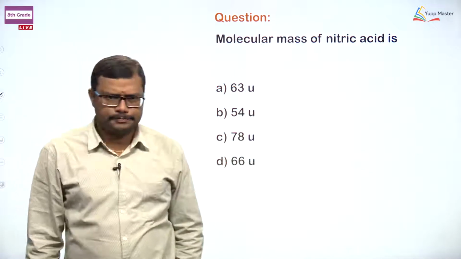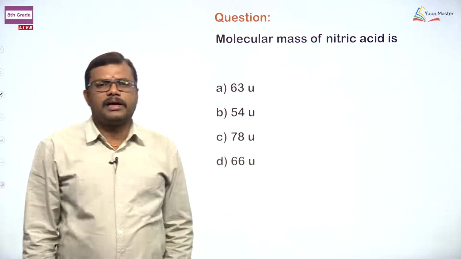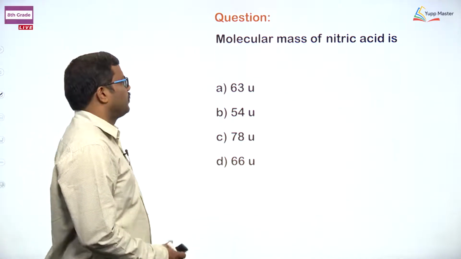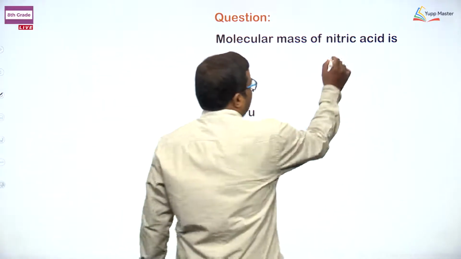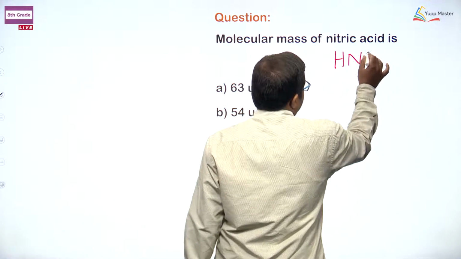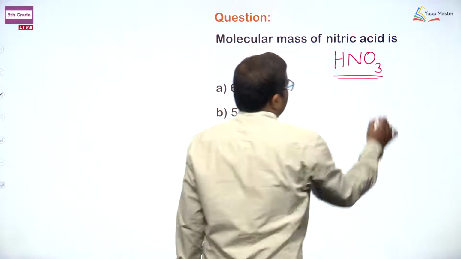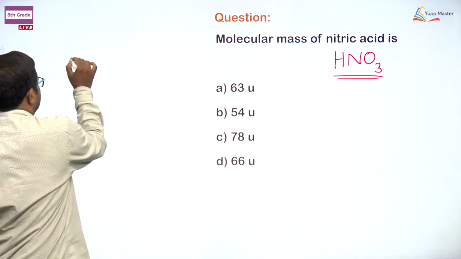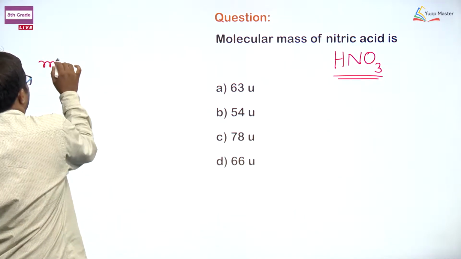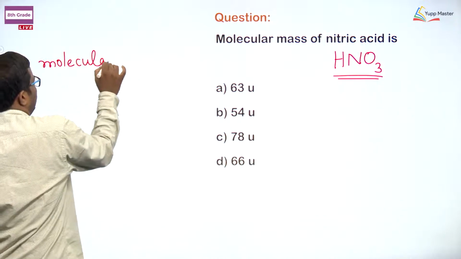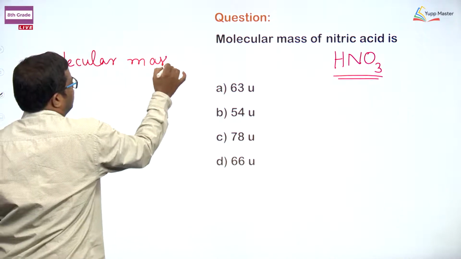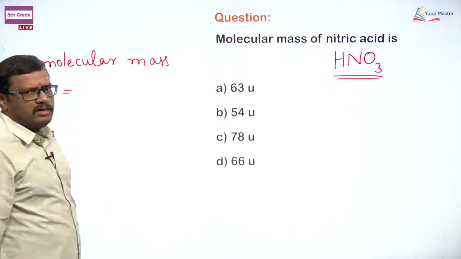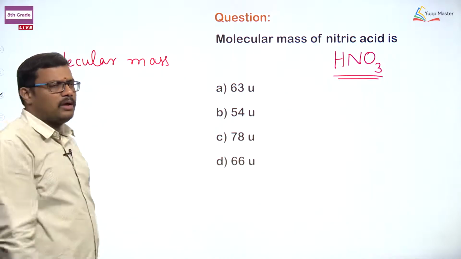Right. Molecular mass of nitric acid is, just now we have written the nitric acid formula as HNO3. So, what is the molecular mass of HNO3? If I want to calculate the molecular mass, what do I have to do? Whenever we go for calculating the molecular mass, we add the atomic masses of all the atoms present in the molecule.